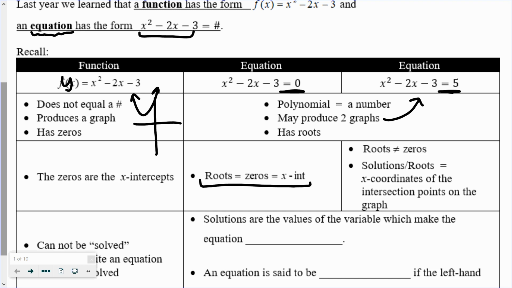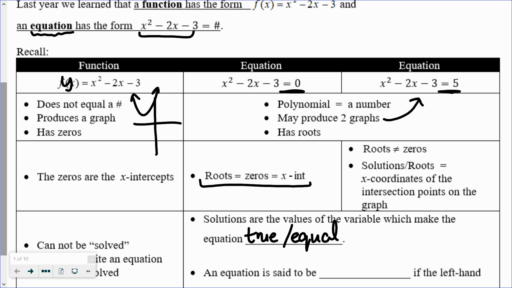So for either equation, whether it's equal to 0 or equal to a different number, the solutions are the values of the variable which make the equation true, which make the equation equal.